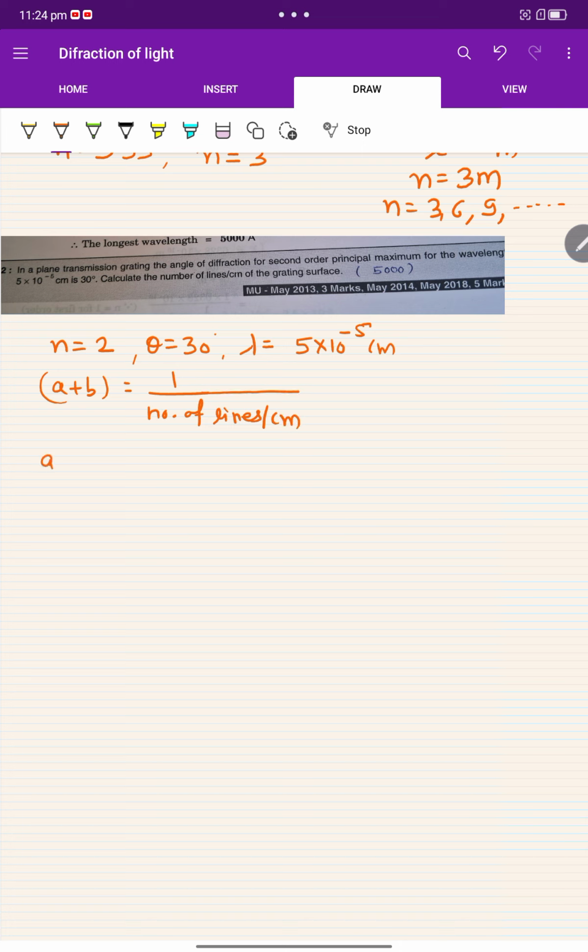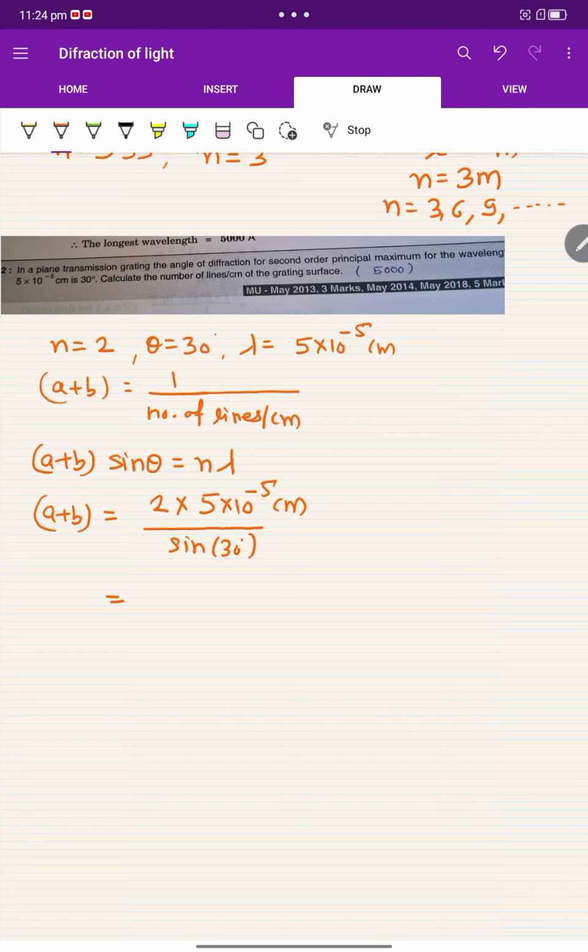So we use the grating formula A plus B sine theta is equal to n lambda. So A plus B is equal to 2 into 5 into 10 to the power minus 5 centimeter divided by sine theta, which is sine 30 degree. Sine 30 degree is 0.5. So we'll get 4 into 5 into 10 to the power minus 5 centimeter, or 20 into 10 to the power minus 5 centimeter.